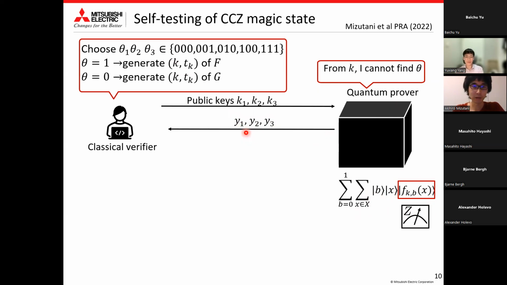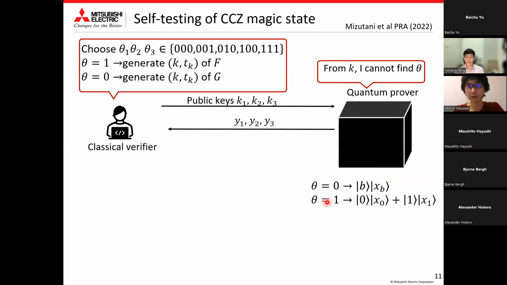After returning Y, the remaining prover state is written like this, depending on theta. If theta is 0, then the prover's first and second registers are in this product state. If theta is 1, then the prover's state is this superposed state.